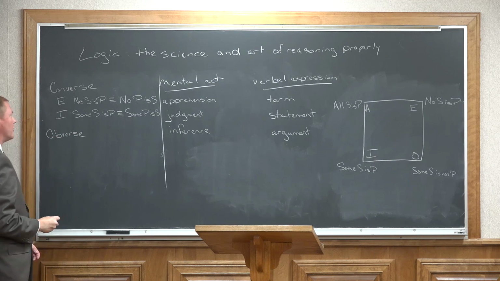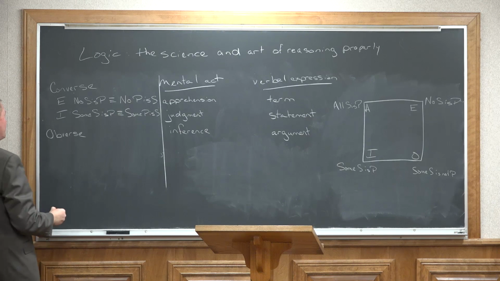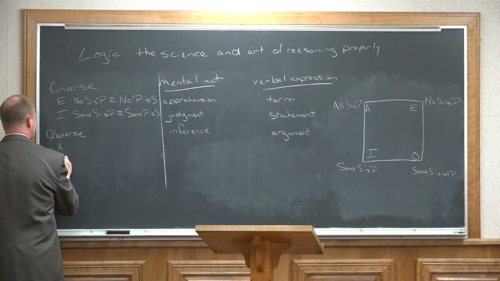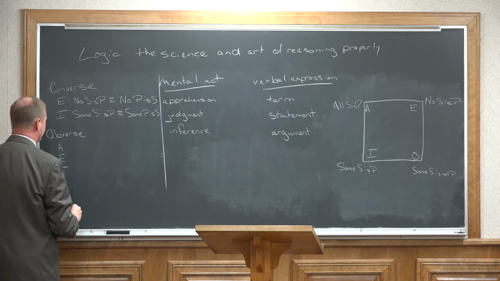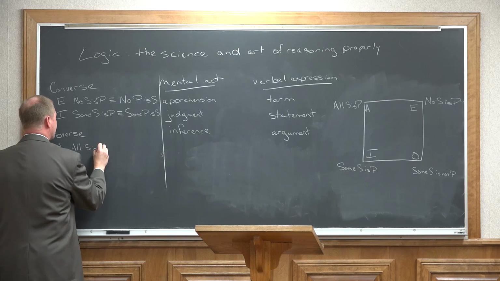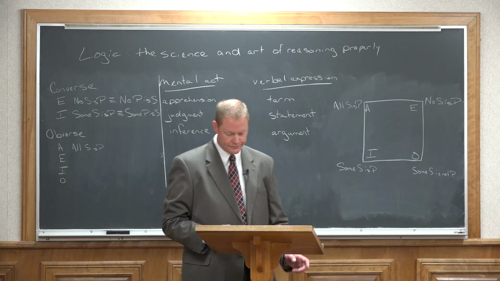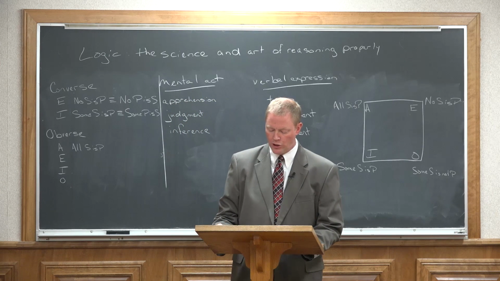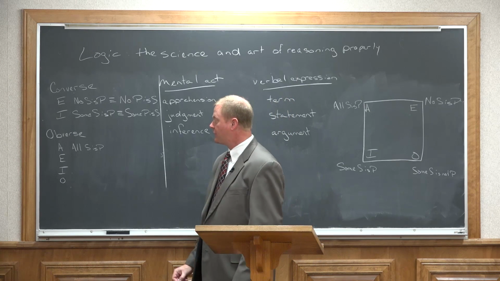The next set of immediate inferences that we can make is obverse. And obverse applies to all four statement types. The A statement, all S is P. Okay? With the obverse, we change the quality of the statement. So if it's affirmative, it becomes negative.